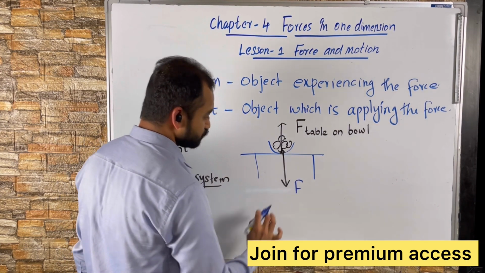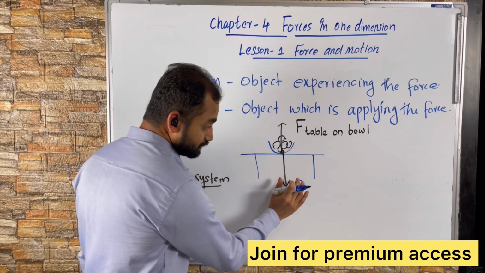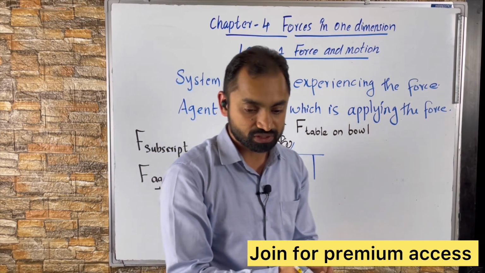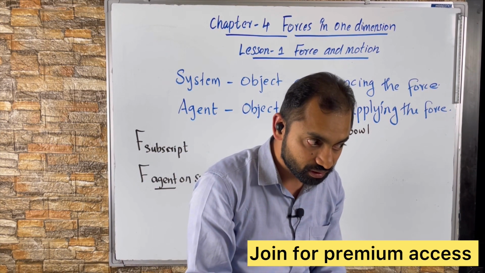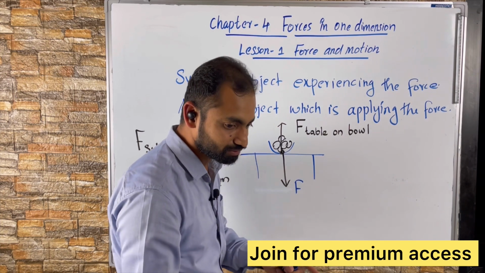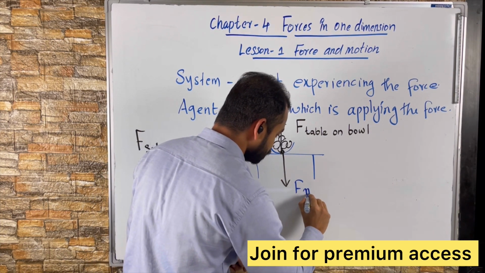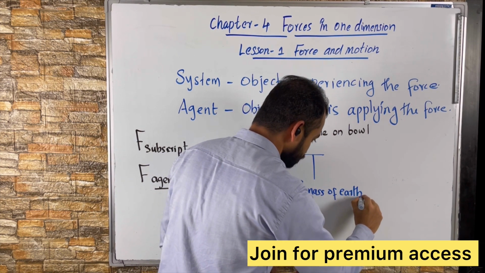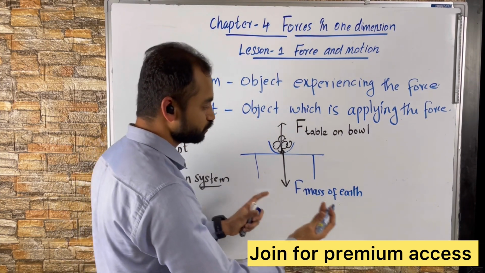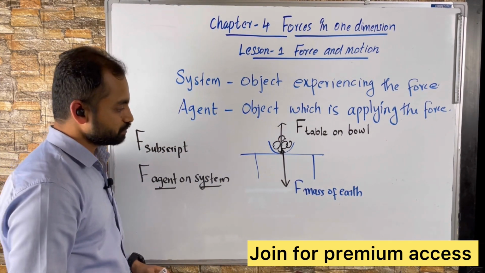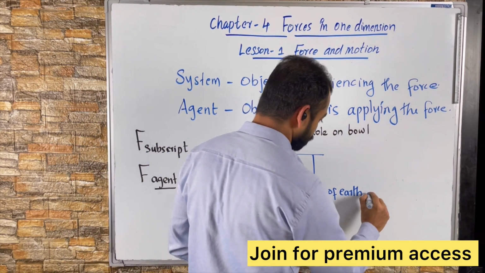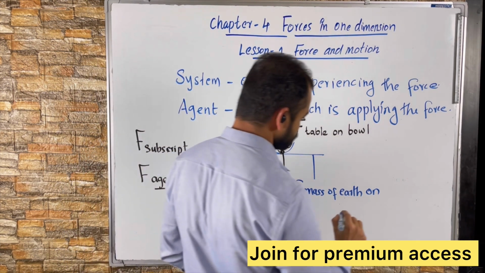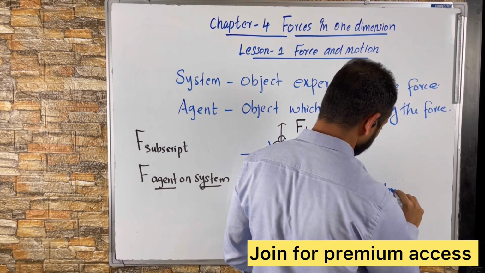We represent this force by the letter F. What is the agent? Which object is applying that downward force on this bowl? Gravity means earth, or we can say mass of earth. I am writing mass of earth completely because that is how it is given in the book. Mass of earth on what? On system. What is system here? The bowl. Very good.